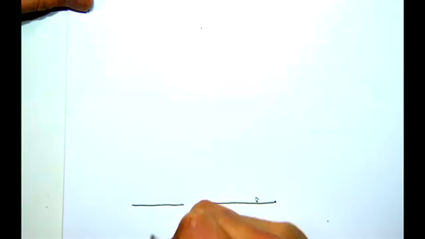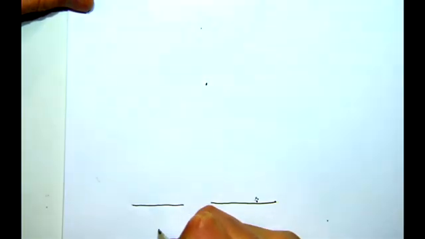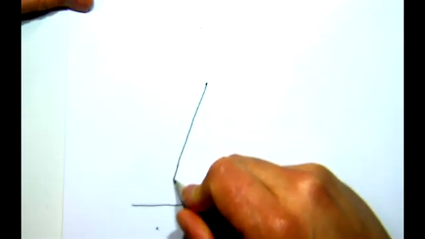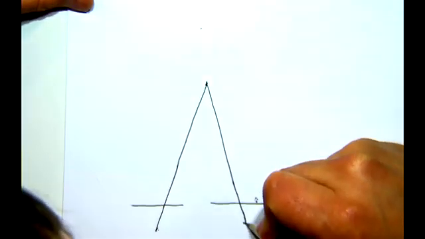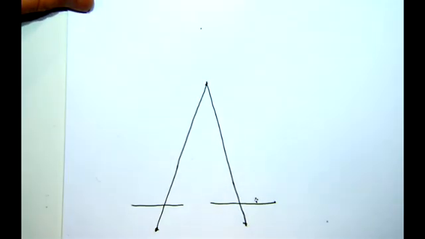So I've got some 3D point here. It's going to project to each of my camera centers through this image plane. I'm looking at it from a top-down view. This is the baseline between the cameras.